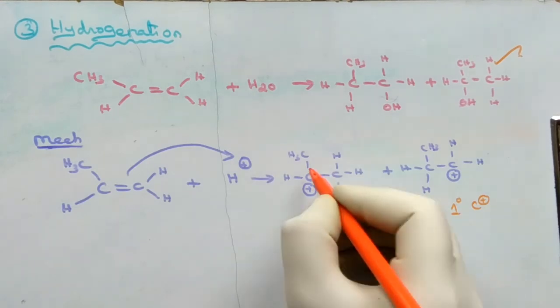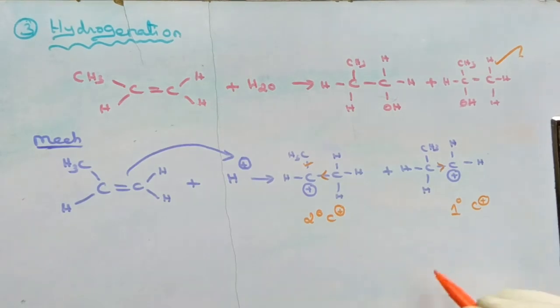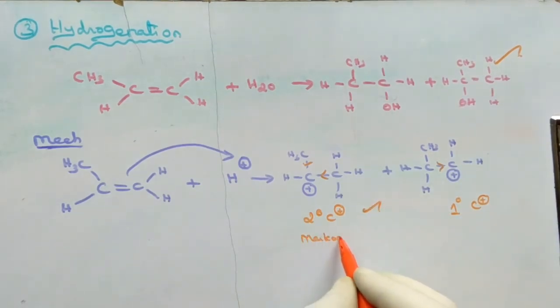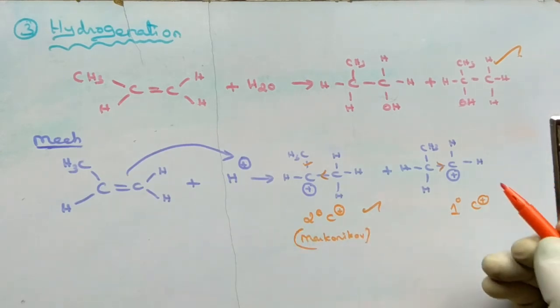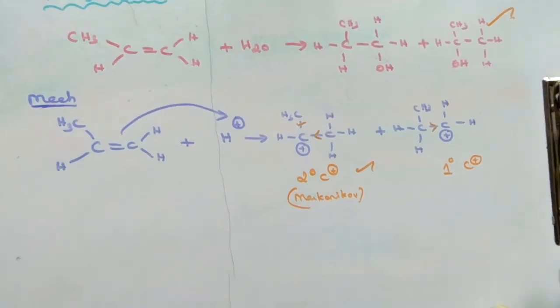As we know already, secondary carbocation is more stable than primary carbocation due to plus I effect. So secondary carbocation formation is the most possible intermediate in this reaction as per Markovnikov rule. Due to less stability of primary carbocation, it will not form in this reaction.